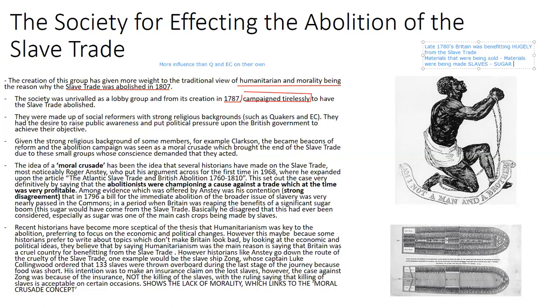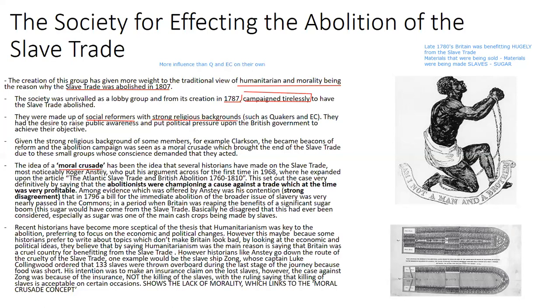So, the Society for Effecting the Abolition of the Slave Trade, and what you'll notice is throughout this, I'm just going to shorten it to the society. Okay, they were made up of social reformers, people who wanted to cause change, with strong religious backgrounds. That links because there's one phrase we're going to use later.